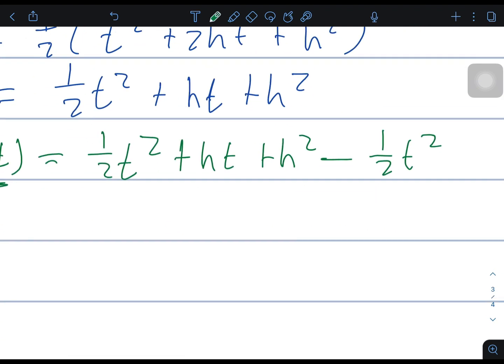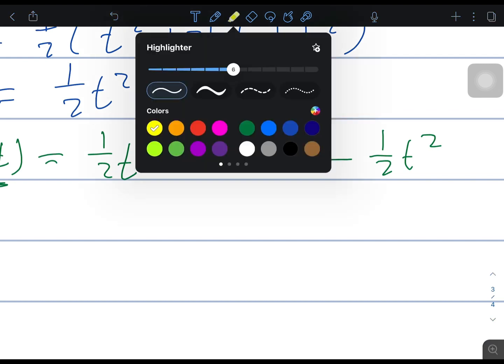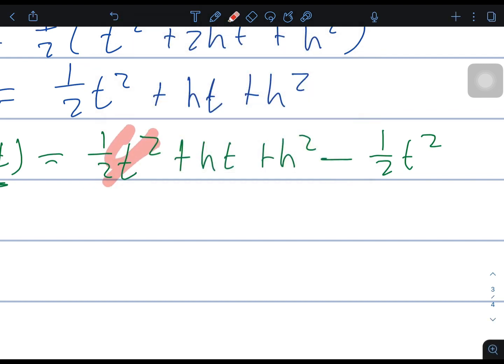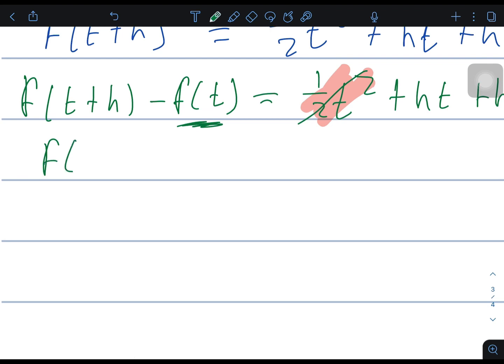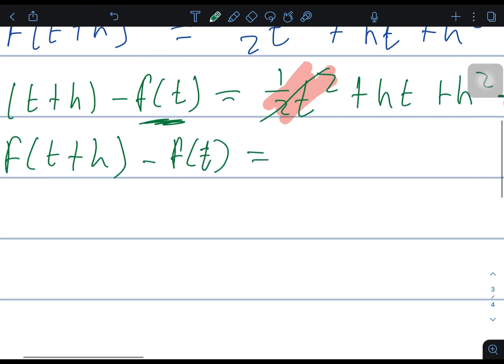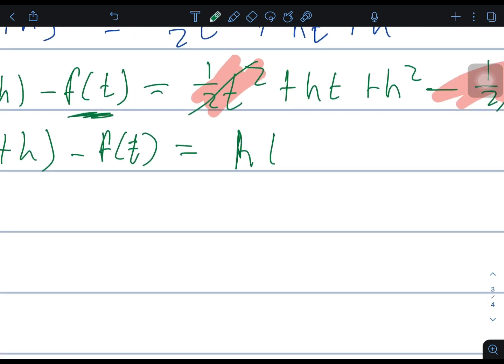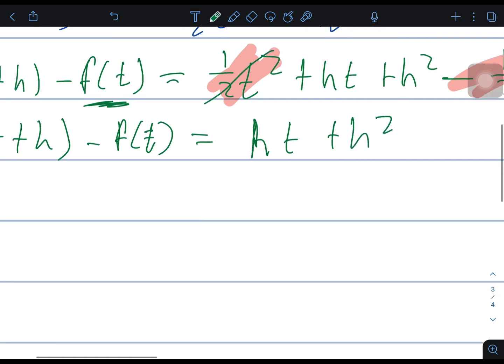Okay. In like terms, we see we have 1 over 2 t squared, then minus 1 over 2 t squared. So they cancel, and that means f of t plus h minus f of t is equal to h t plus h squared.